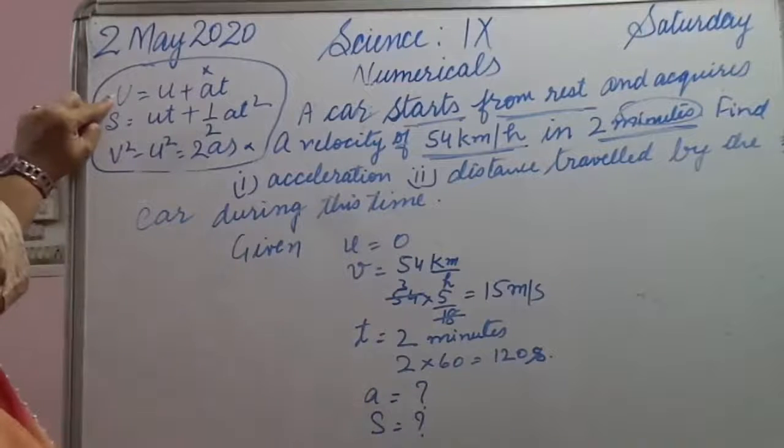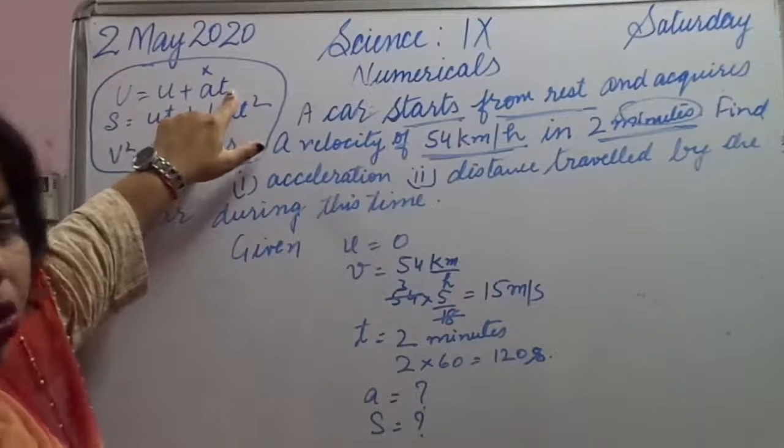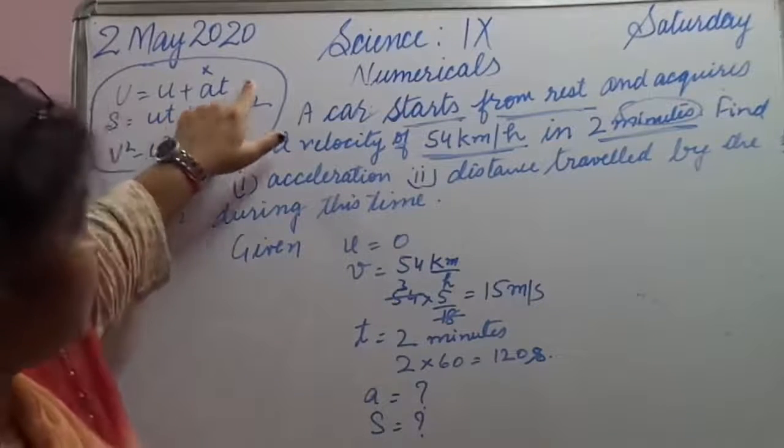Now v is given, u is given, t is given. So from which equation can we find it out? It is the first equation.